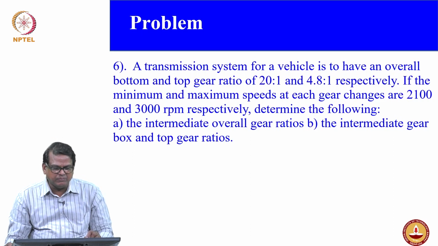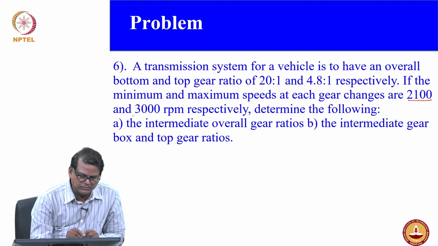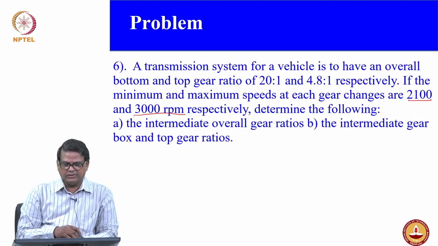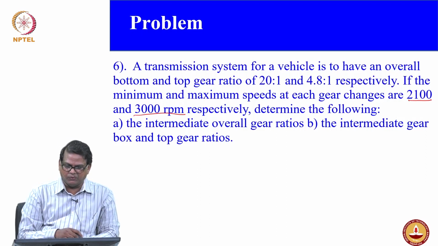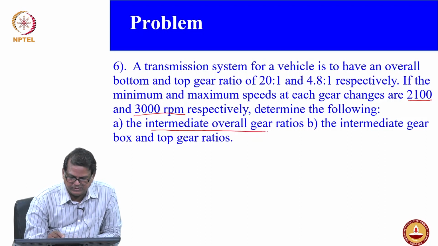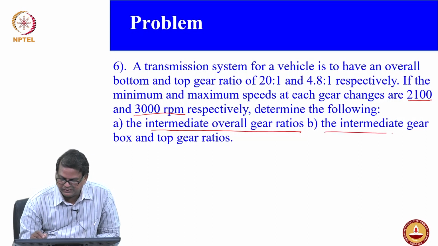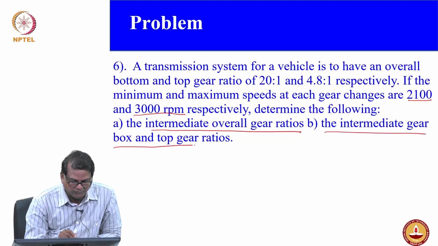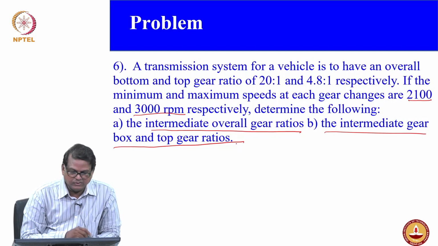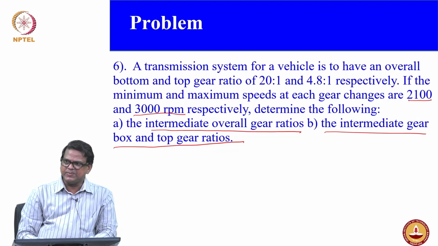If the minimum and maximum speeds at each gear change are 2100 rpm and 3000 rpm respectively, in that case determine the following: the intermediate overall gear ratios, and also the intermediate gearbox top and bottom gear ratios, that you have to find out. Okay. Is the problem clear?